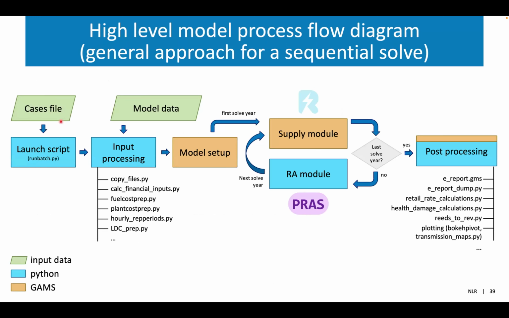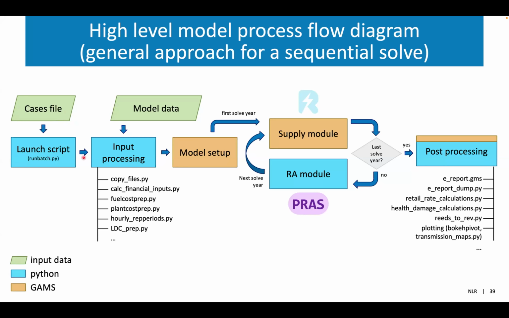This case file is either a case or a list of cases where the user identifies various input options that we covered in section 2 to be included in the model runs. So this is where you would determine things like which load scenario to use or which technology cost assumptions, policy scenarios to use or include into your run. And then it'll be ingested into the launch script, and then the run will be kicked off.